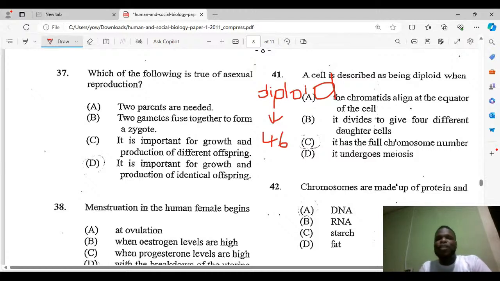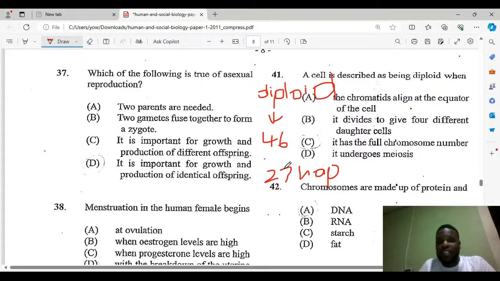Meiosis, now, is haploid, because it's not the 46 transferred from the parent down to the child. It's actually 23 from the mother and 23 from the father. So diploid is 46, while 23 is known as haploid.